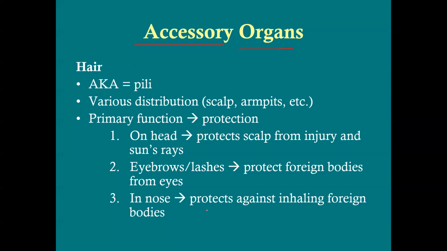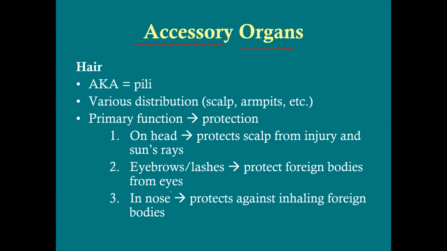Okay, so that is the function of the hairs on different parts of the body. You'll notice I have not mentioned the hair on the rest of the body, only the hair on the head, because most of the hair on the rest of your body is not functional the way it should be. A long time ago, our distant ancestors were very hairy, and that hair would have had a function.